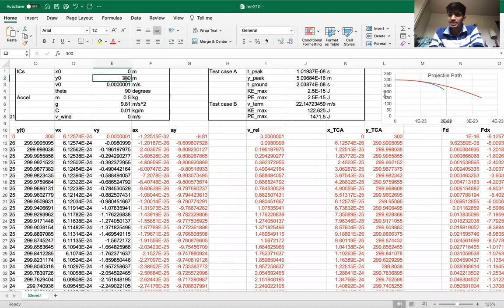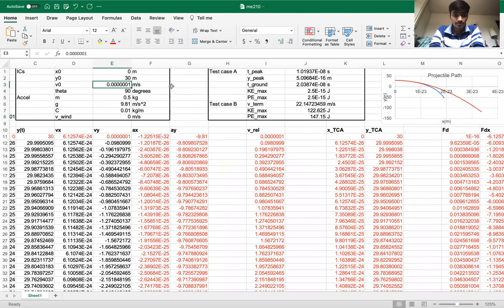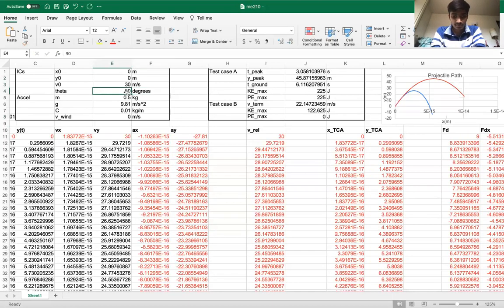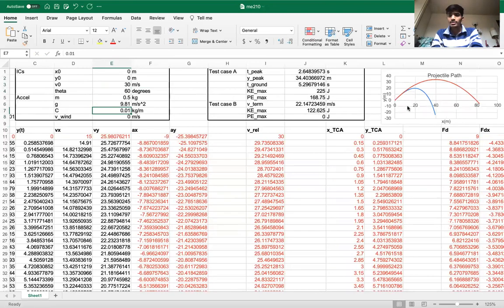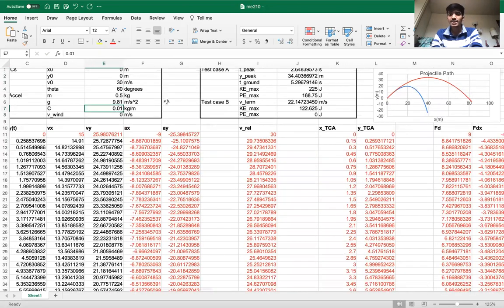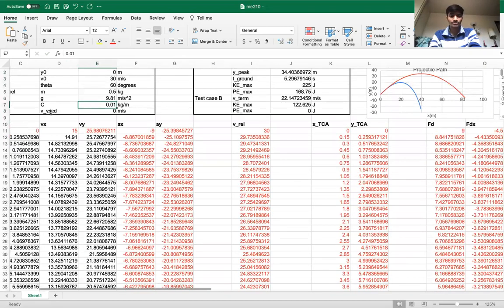For test case C, let's change it back to our normal height and speed over here. For test case C, we are to take into account the air drag.